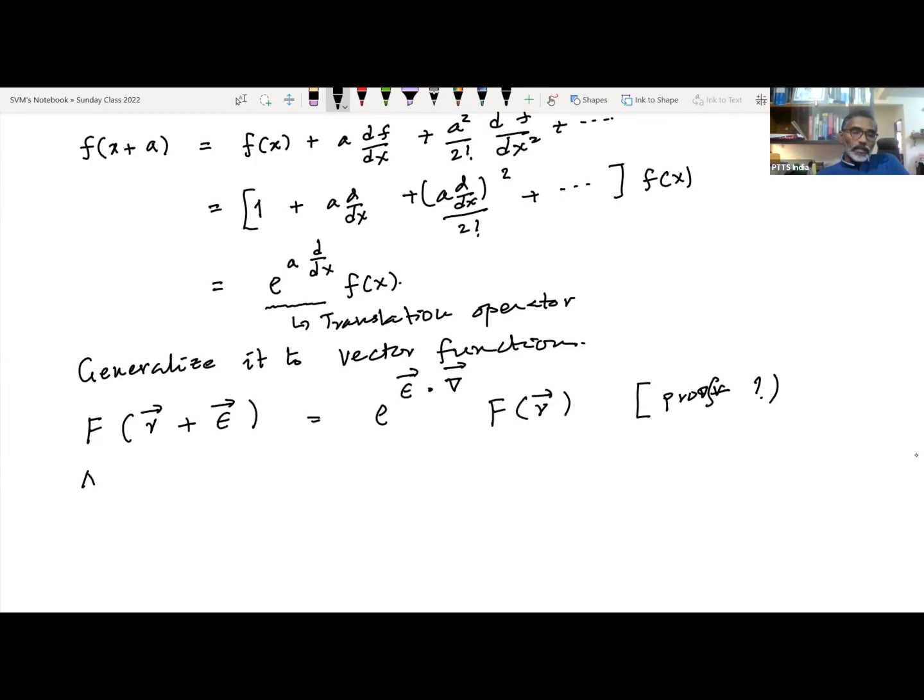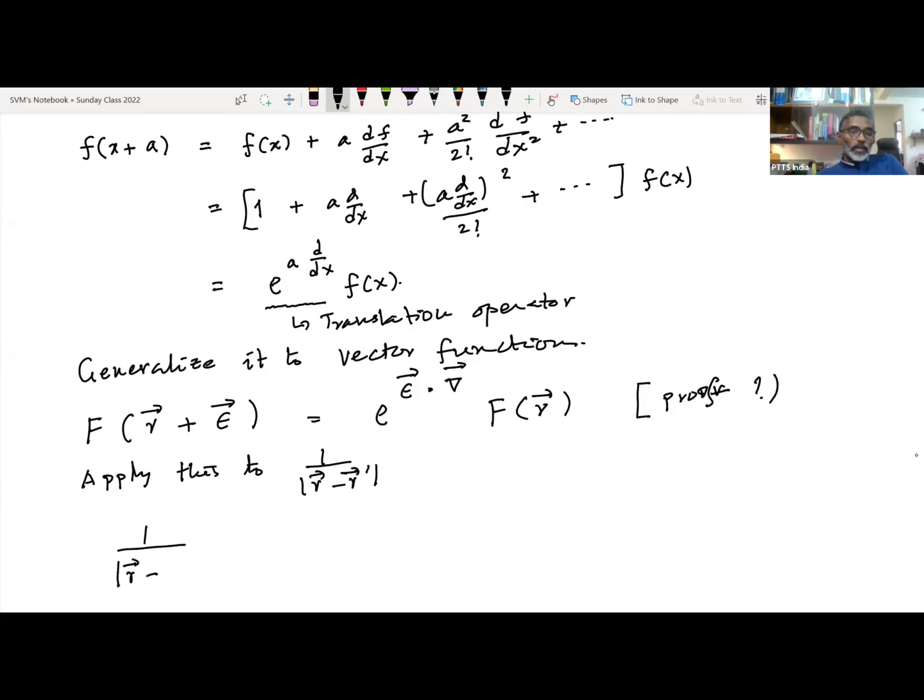And once we know we can write it in this fashion, so now apply this to 1 by r. I would like to consider this as a displacement from 1 by r.